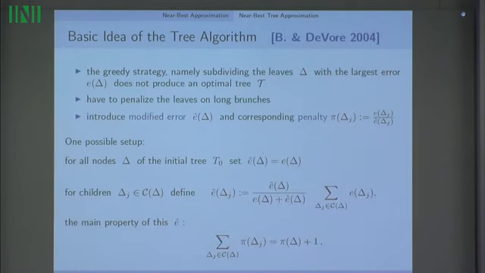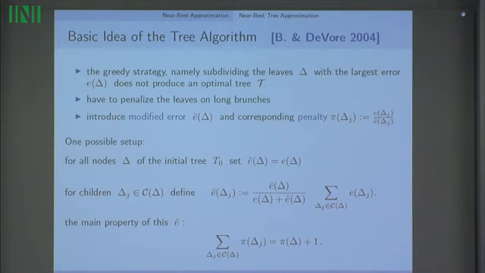So this is the idea. This is from the paper with Ron in 2004. The basic idea was the following. Each time we subdivide, we want to have some penalty, and we want to increase this penalty by 1. So how do we introduce this penalty? By simply modifying the error in such a way that it becomes smaller.